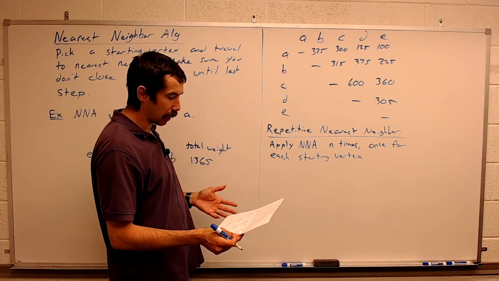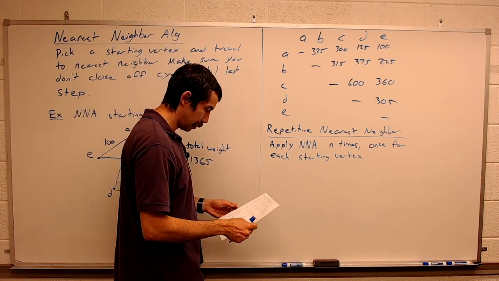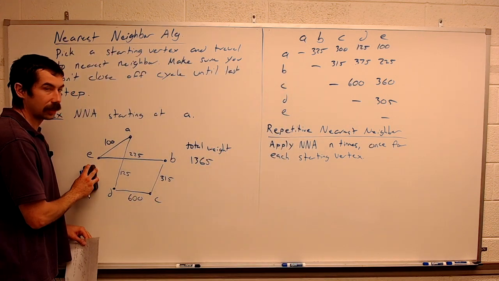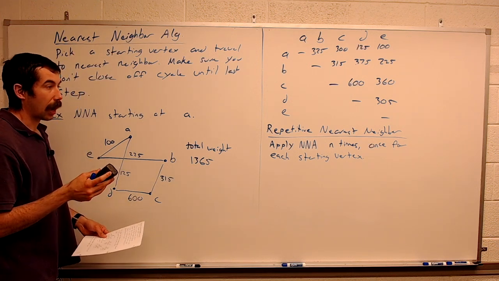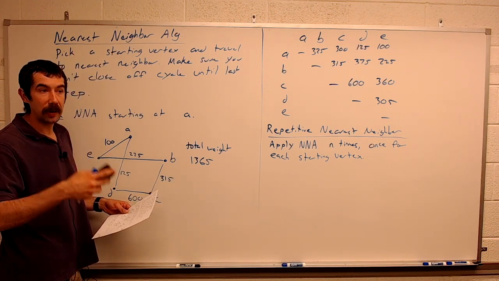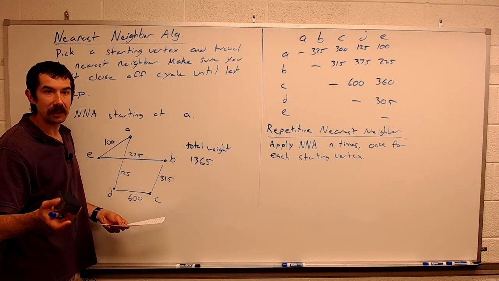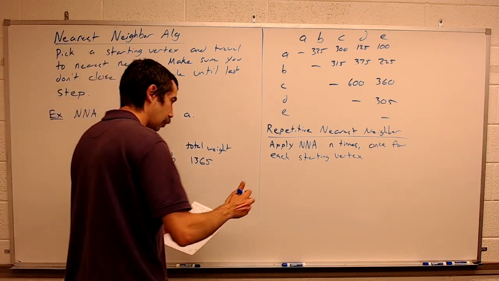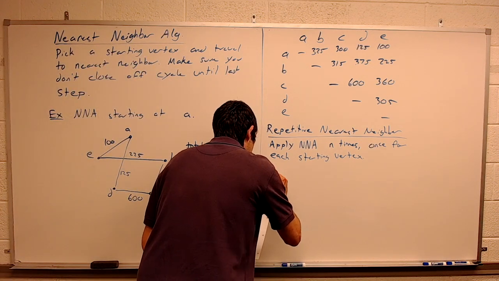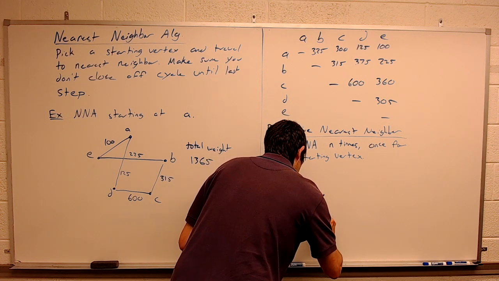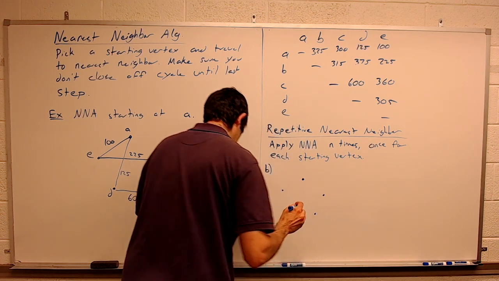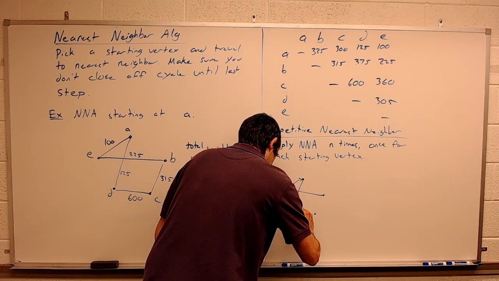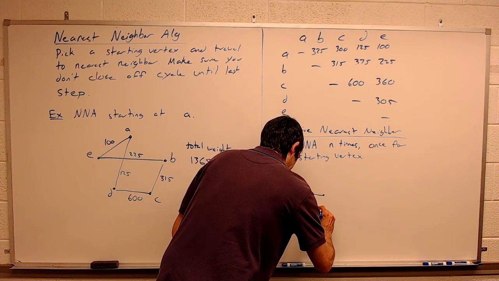Okay, so if we were to apply this 5 times, we've already done it once starting at A. I'm going to show you what the outputs are if you start at B, C, D, and E, but you should obviously verify this on your own. So A we've already done. With B, it goes this way.